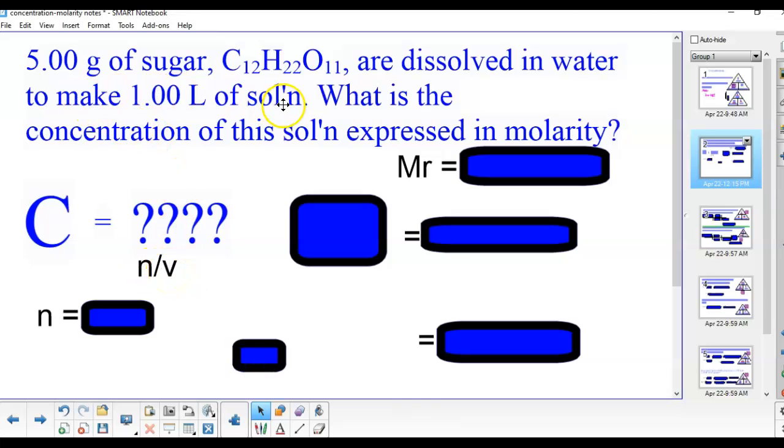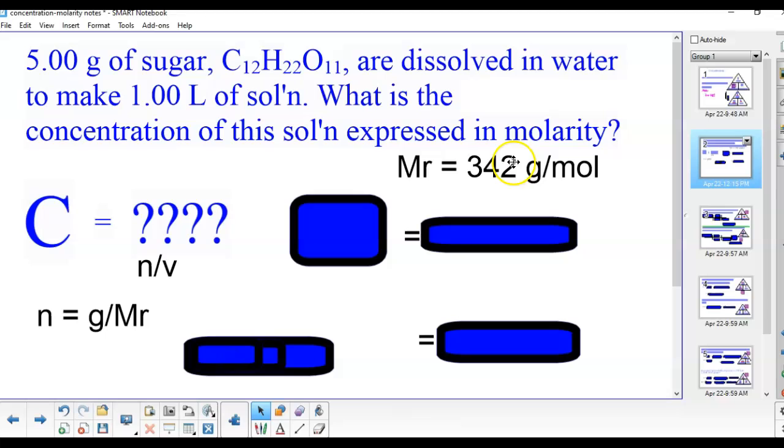We don't have moles, so we're going to have to find moles, and to do that, we're going to take grams divided by molar mass. Well, what's the molar mass of this compound? Find each atom's individual mass off the periodic table. Carbon's 12, hydrogen's 1, oxygen's 16. When you multiply them, you're going to get 342 grams per mole.